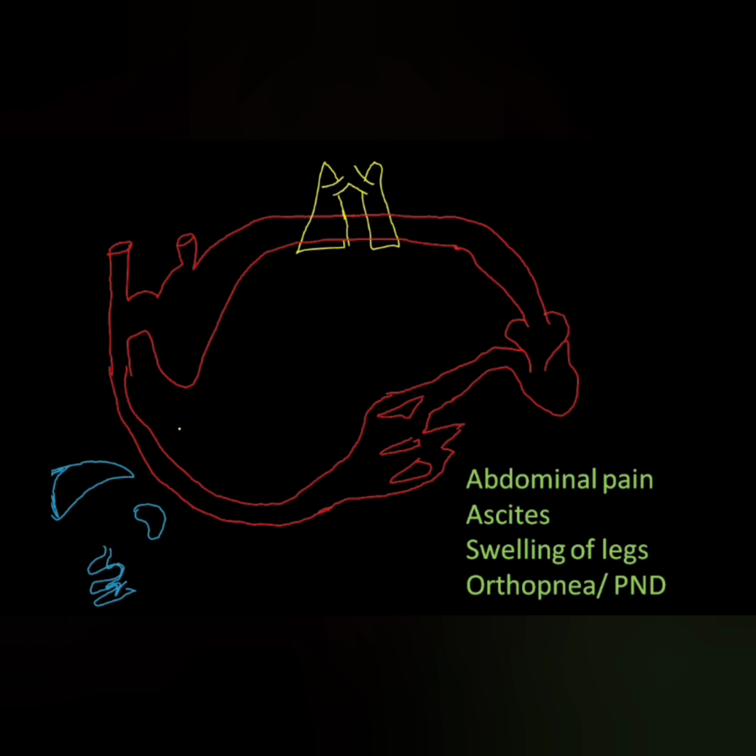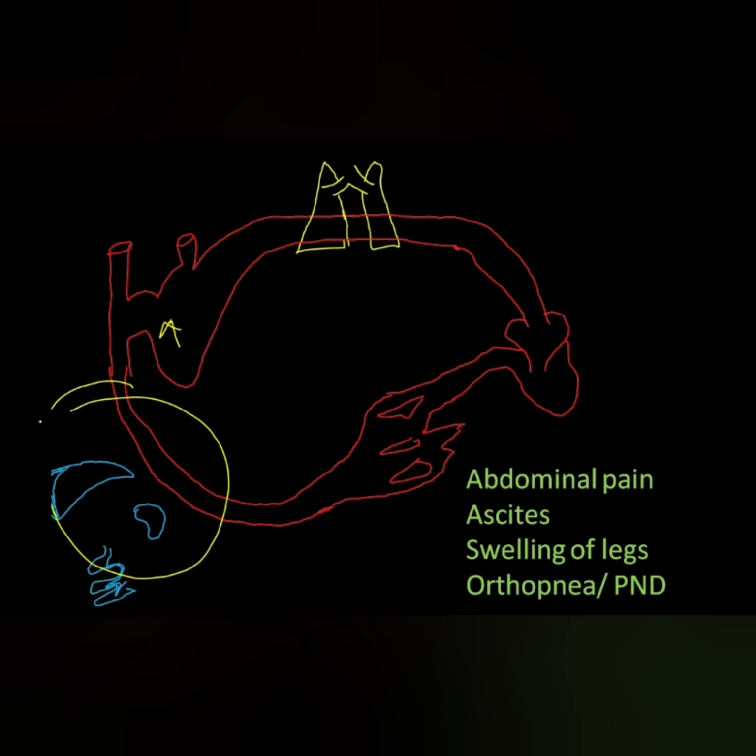As I told you, when this increase in pressure affects all your organs, it can cause abdominal pain, ascites, swelling of legs. It can cause orthopnea and PND when your right ventricular failure is so severe that it compromises so much of your cardiac output, so much of your left ventricular output. Then the person can have orthopnea and paroxysmal nocturnal dyspnea. So that completes the symptoms.